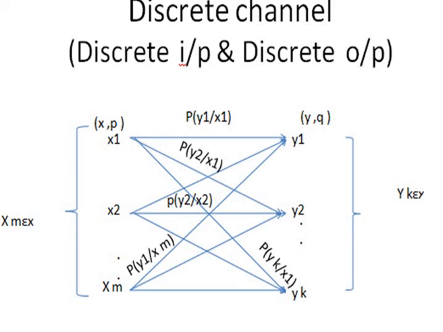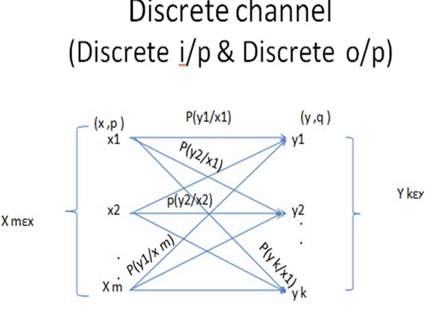Here in this diagram, you can see discrete input and discrete output. The input is given as a set of X messages with probability P, and at the receiver side a set of messages Y with probability Q. So input X1 gives output Y1 with probability P(Y1|X1), because input and output are discrete ones.